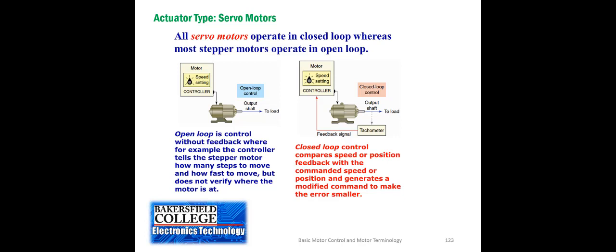For us in motor control, a servo motor has a feedback mechanism. It has some type of a position sensor or a velocity sensor or a tachometer or something that shows that the motor is doing exactly what the controller thinks it is. So they are closed loop control with servo motors.